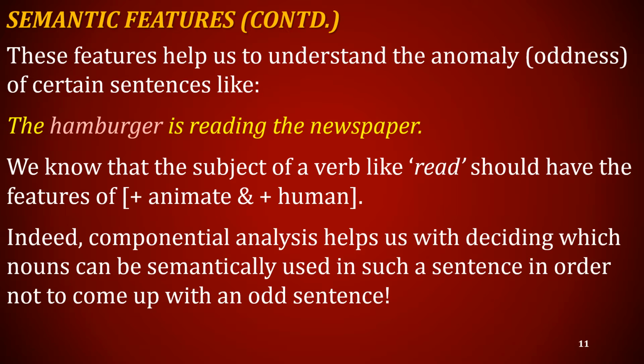We understand that this sentence is anomalous, is odd, since we know the subject of a verb like read should necessarily have the semantic features of plus animate and plus human, while hamburger lacks these two features and as a result cannot be the subject of such a verb. In other words, componential analysis helps us with deciding which nouns can be semantically used in such a sentence in order not to come up with an odd sentence.